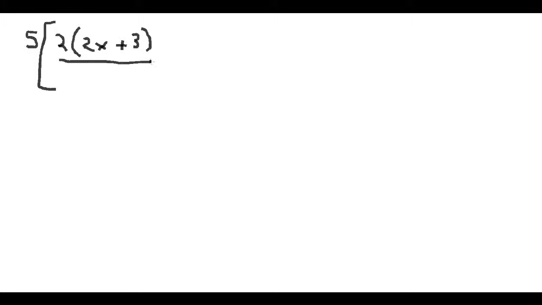So the problem was 5 times brackets 2 times (2x plus 3 over 5) equals 3 times 2. Now don't be alarmed with all these big numbers. It's not that hard.